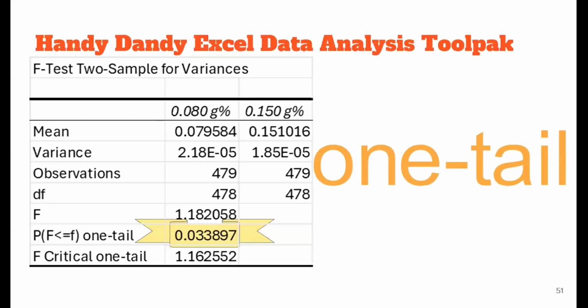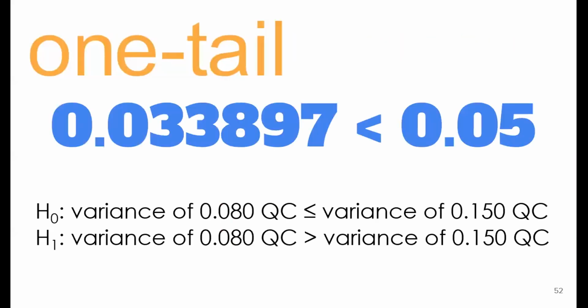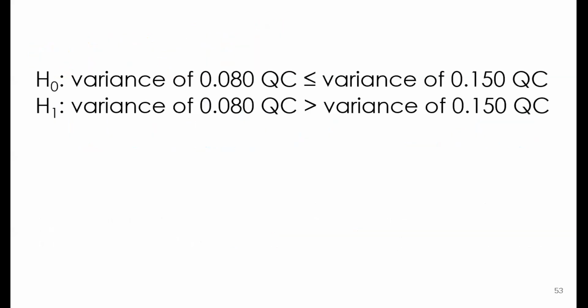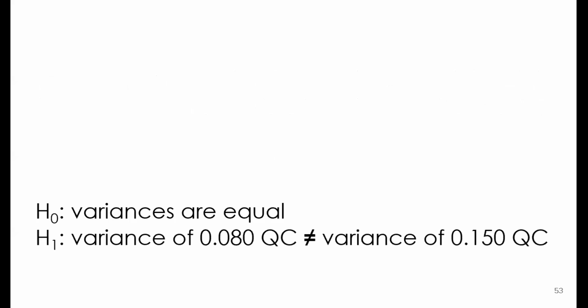And remember, to change that into a two-tail, we simply multiply that by 2 to make that comparison. So I'm going to skip through these because this is quite similar, right? One tail is associated with a particular null hypothesis, whereas what we're actually interested in is whether or not the variances are equal or not.